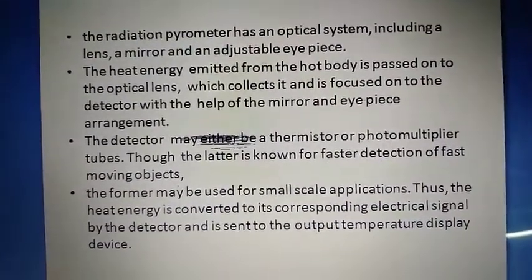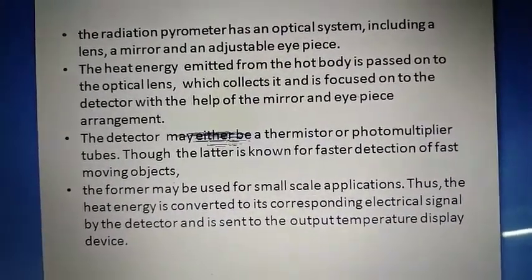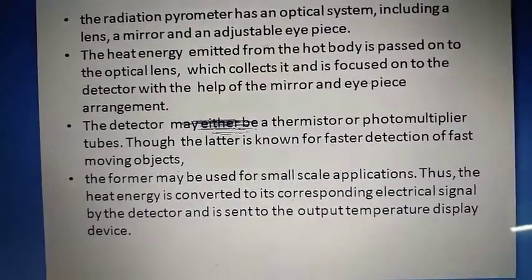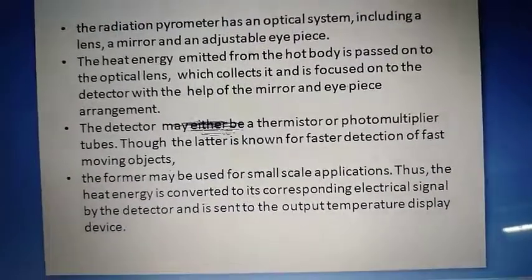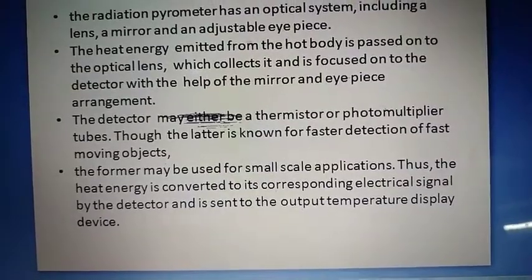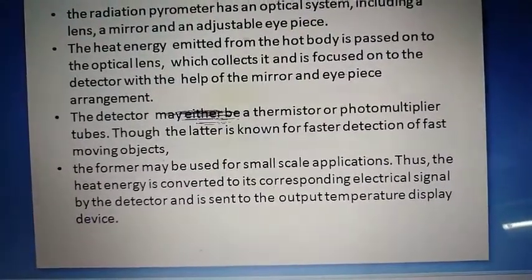The heat energy is calibrated in terms of the thermocouple, which detects this heat energy and converts it into voltage. The detector may be a thermistor, photomultiplier or photodetector. The latter is known for faster detection of fast moving objects. The former may be used for small scale applications.